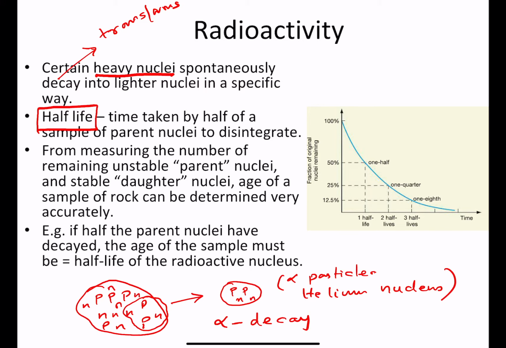That's not hard to figure out if you know the half-life, and the half-life is not hard to measure either. So why is this useful in astronomy? It provides a very clean way of figuring out the age of different objects or different rocks, for instance.